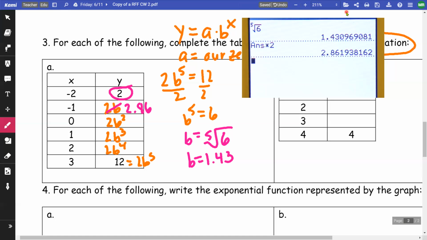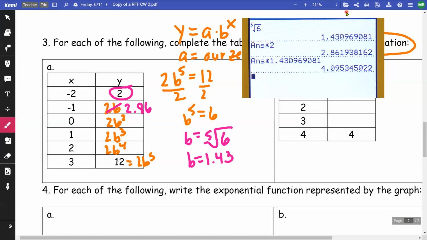I'm going to times this by my answer up here. Okay, so I'm going to keep timesing it by that 1.43. I'm just going to keep it in my calculator, but you can just do 1.43.